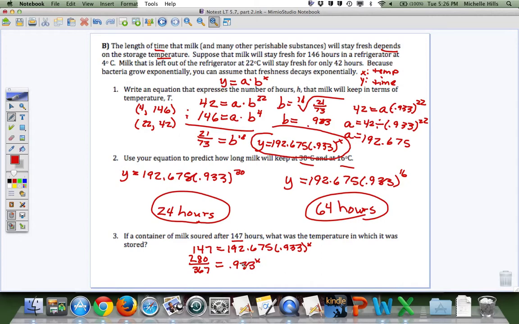I'm stuck in exponential form, so I go to logarithmic form: log base 0.933 of 280 over 367 equals x. Using my change of base formula, x equals the base 10 log of 280 over 367 divided by the base 10 log of 0.933. So the temperature, to the nearest tenth, would have to be 3.9 degrees Celsius for that to work.